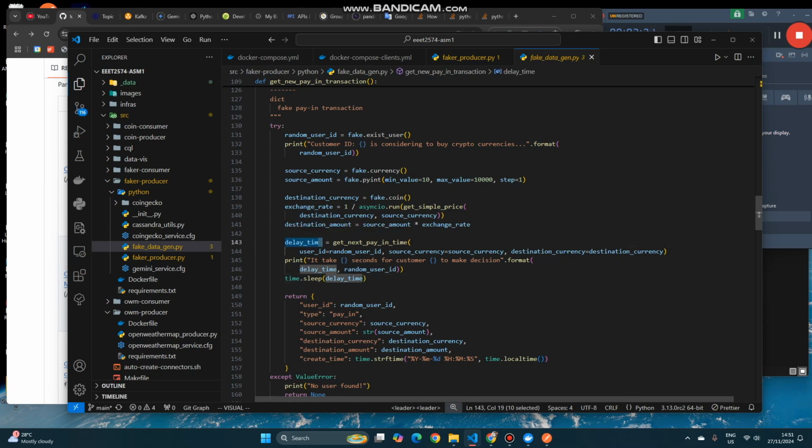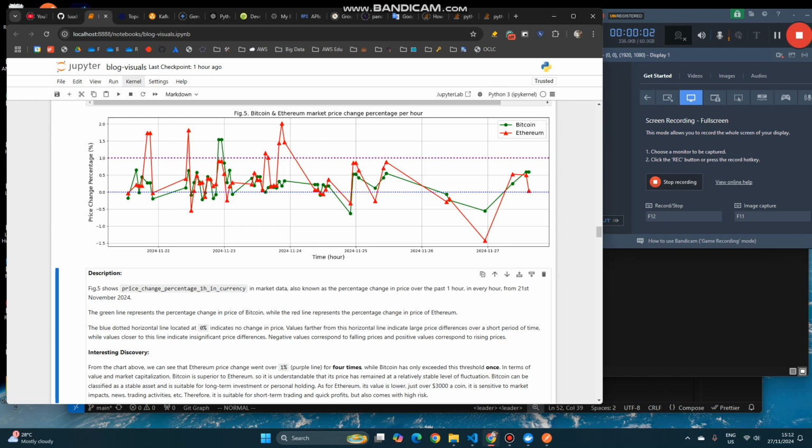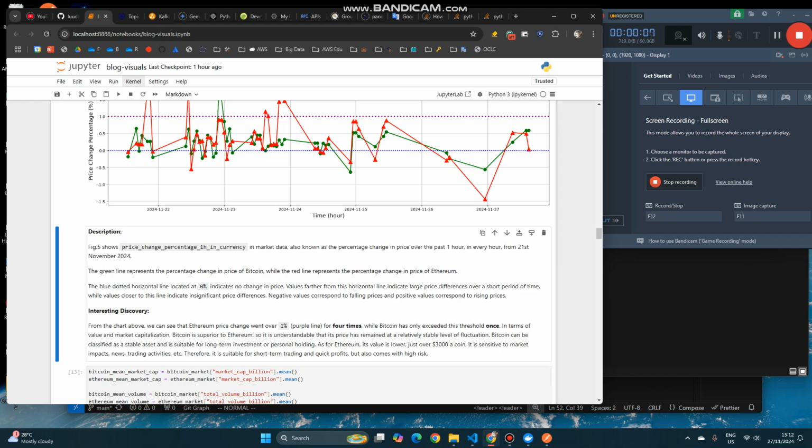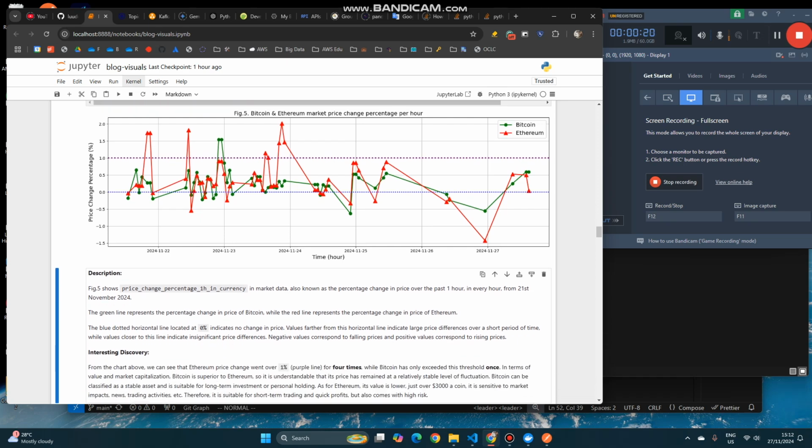So, looking at the price chart, this price is suitable for people who want short-term trading and quick profit. People in short-term trading and quick profit can buy and sell Ethereum. But Bitcoin, we know the value of Bitcoin is much more expensive than Ethereum. One Bitcoin is more than $60,000.